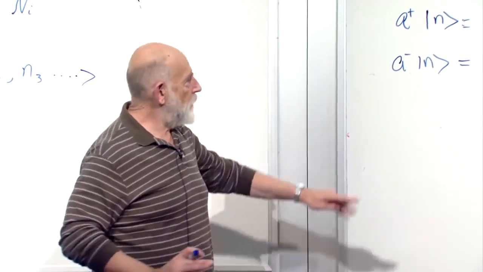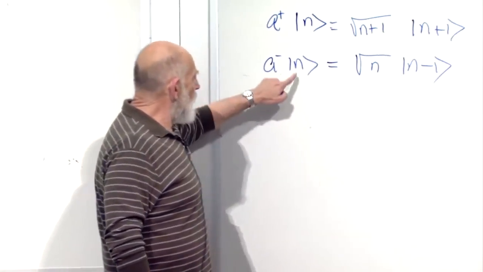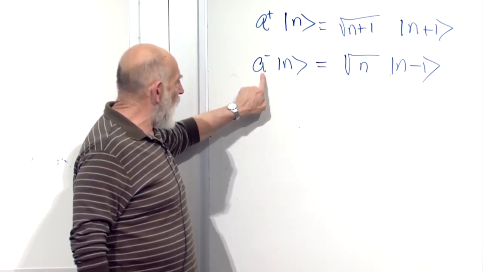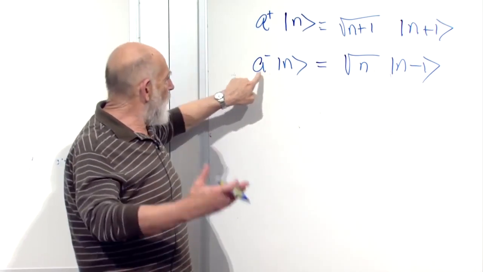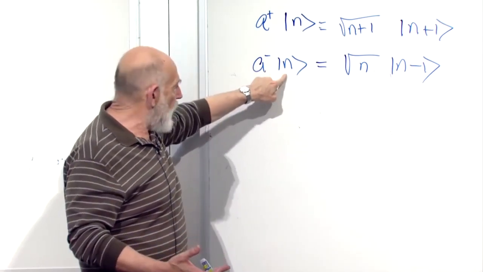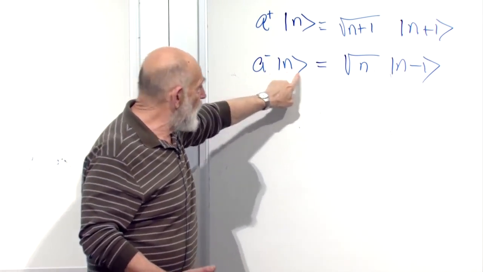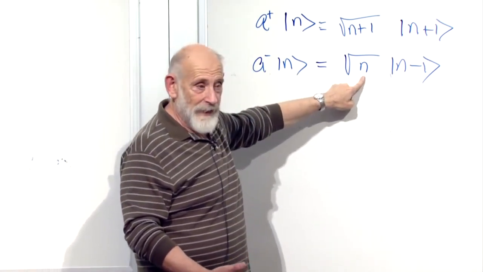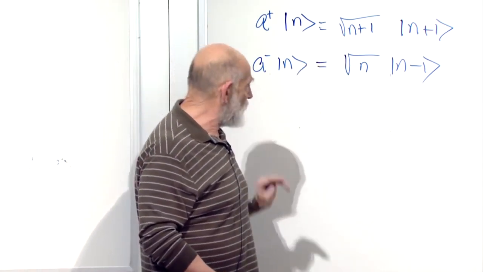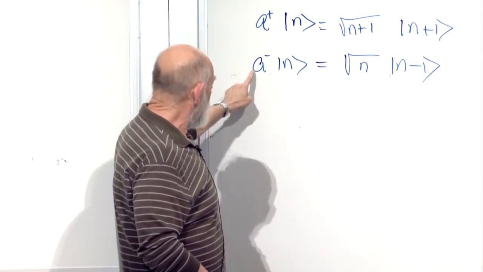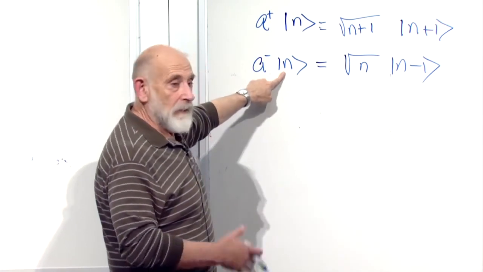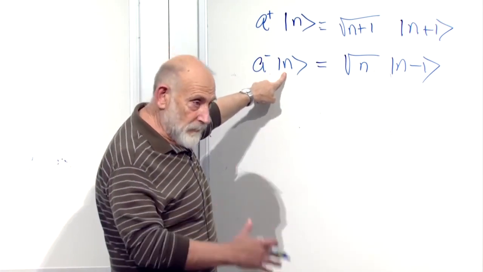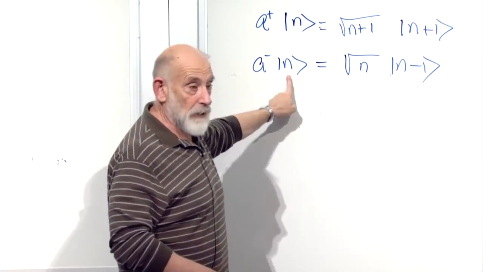Once you know this formula here, you don't have to worry about what happens when a minus hits the bottom level. When a minus hits the bottom level, n equals 0, you get 0. So this equation as it stands now encodes the fact that the lowering operator annihilates or kills or gives 0 when it acts on the ground state.